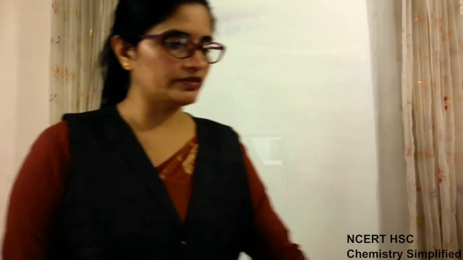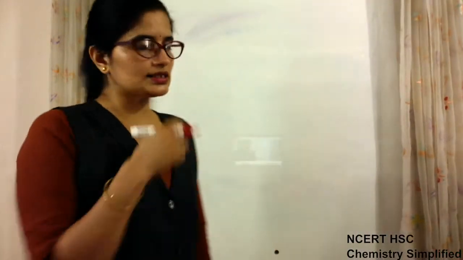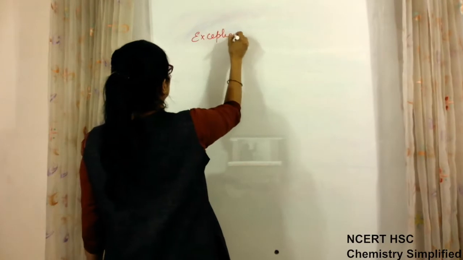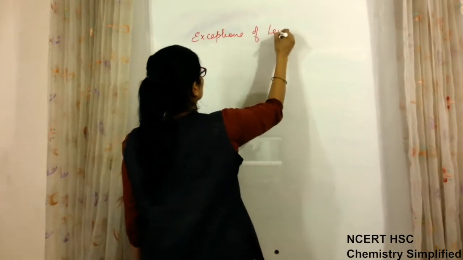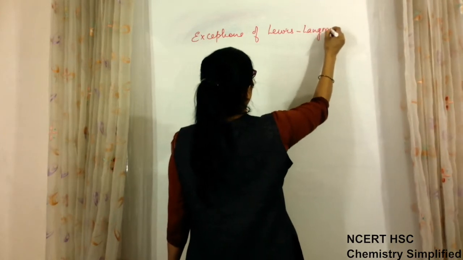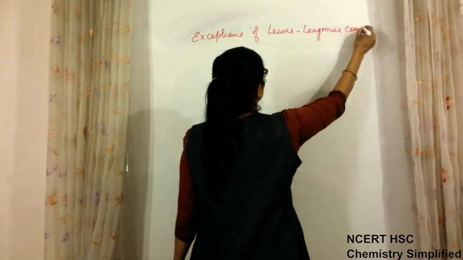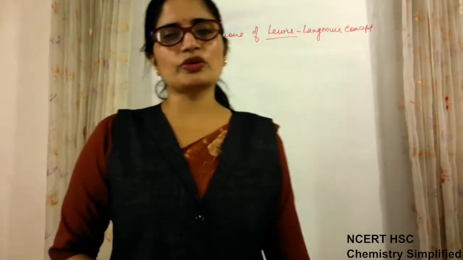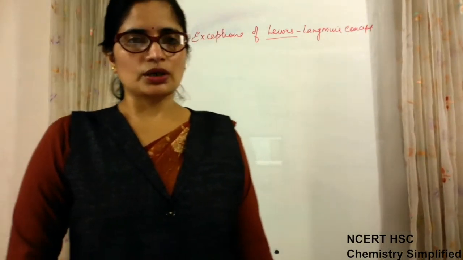So now we will come to the next point, that is exceptions of Lewis-Langmuir concept. Even if it is simply written as Lewis concept, you have to write these exceptions only.